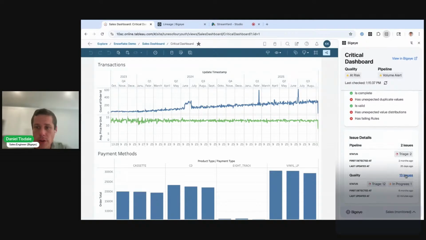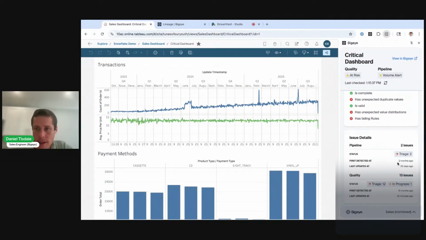And then the bulk of our issues are under quality. Quality type issues would be things like duplicate checks, null checks, any sort of numeric distribution checks, custom business logic checks. That's where we've got the overwhelming majority of those issues here.